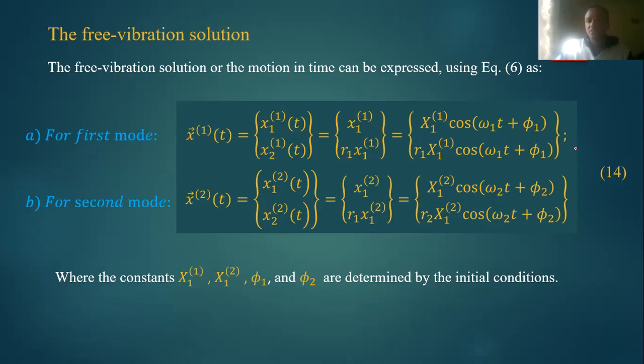So these are the two free vibration solutions. And in this solution, we have 4 constants. Constant 1, constant 2, and there are 2 constants which come from here, also another constant.